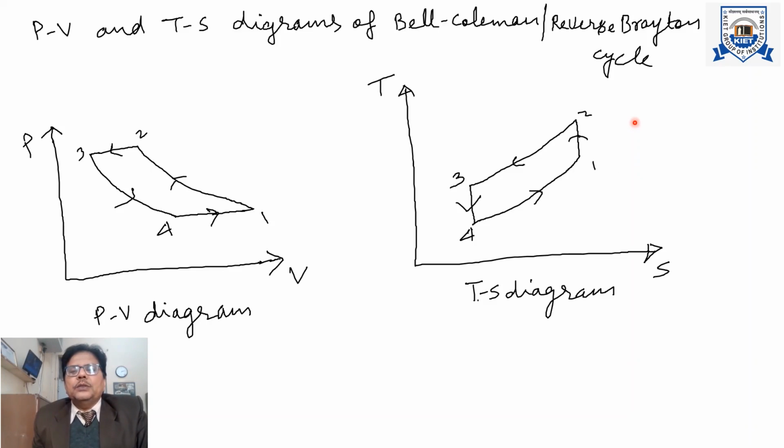So process 1 to 2 is the isentropic compression, and in this the pressure increases as well as the temperature, from T1 to T2.